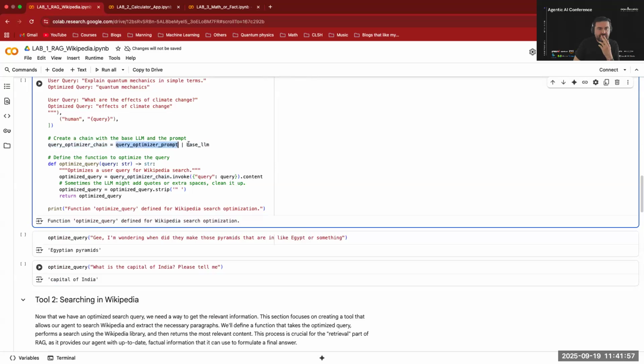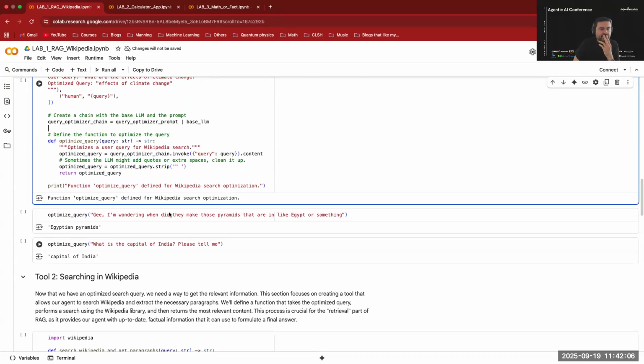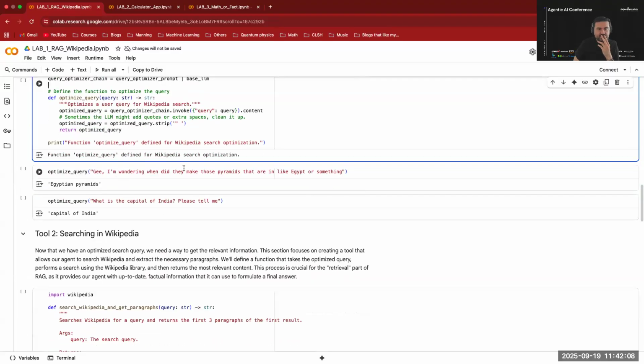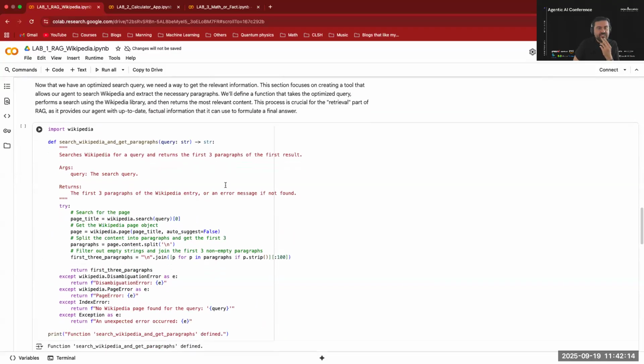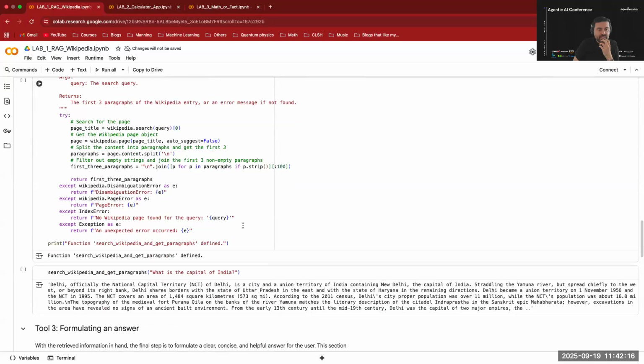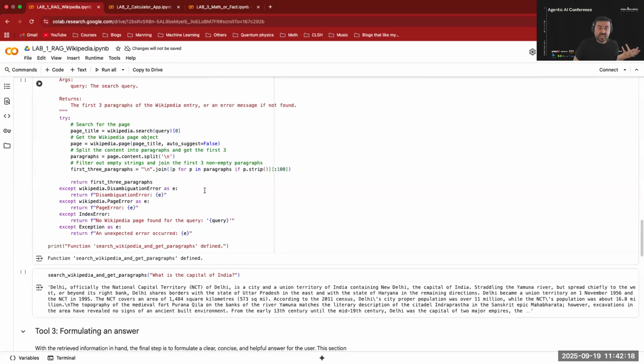It creates sort of the pipes, the sequence of agents. And then I have optimized queries. So when I say, for example, gee, I'm wondering why did they make those pyramids that are in like Egypt or something, and it goes Egyptian pyramids, right? Then I have a function for searching in Wikipedia, which is basically called the API.